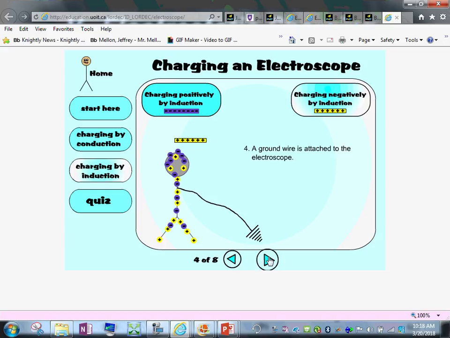Now, what we're going to introduce is a grounding wire. A grounding wire can just pull off or dump charges into a big bath of neutral objects. So it's literally like the ground. Now, what will happen in this particular case is that there are positive and negative charges over here in the ground.